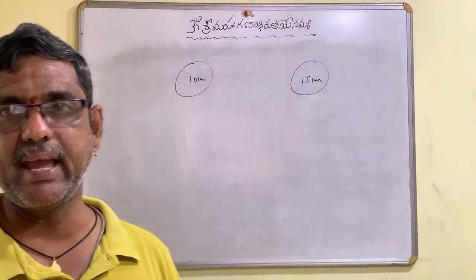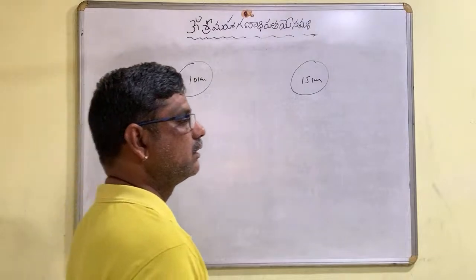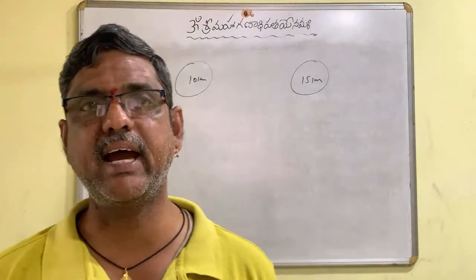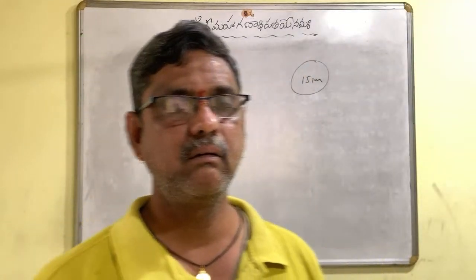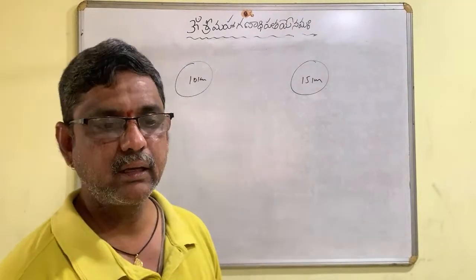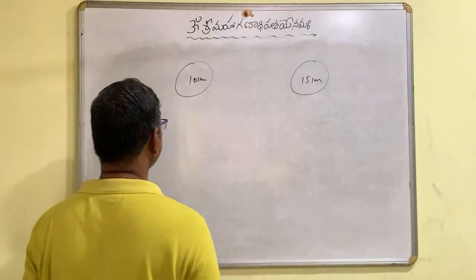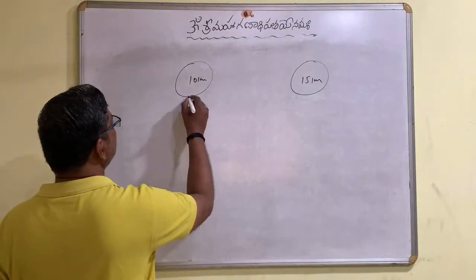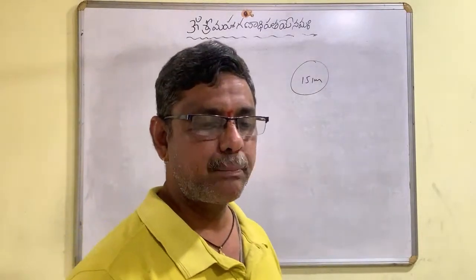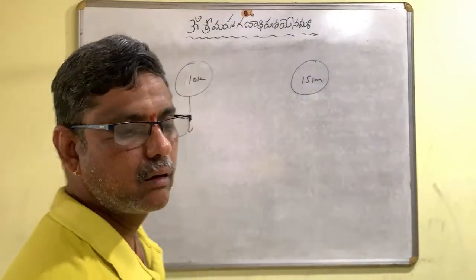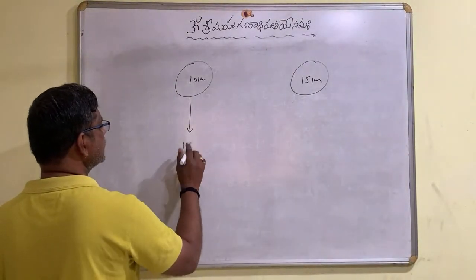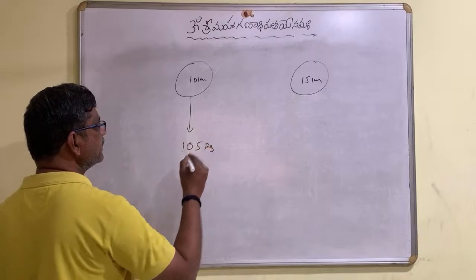In a particular city, the taxi charges will be in two forms. One is the fixed charge, the other one is charge per kilometer. So if a person travels 10 kilometers, he has to pay 105 rupees.